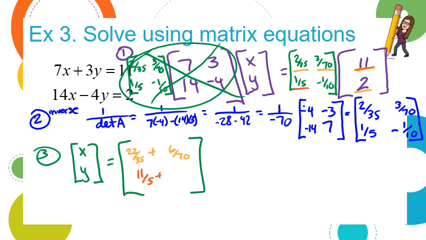And I'm going to add on -1/10 times 2. So that would be a -2/10, which reduces down to 1/5. Okay, so just write those steps out so you can see those crazy fractions, but they're going to be easier to use than you think.